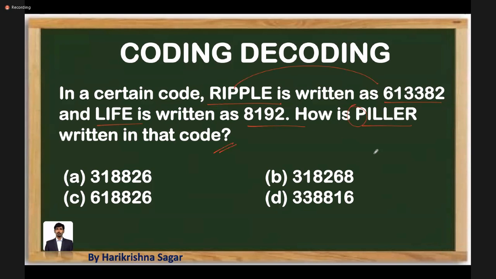P is coded as 3. Answer choice should start with 3. What is the code for I? I is coded as 1. Answer choice should start with 31. What is the code for L and L? L is coded as 8, so L and L should be coded as 8 and 8. Answer choice should start with 3188. Mark it as option A.